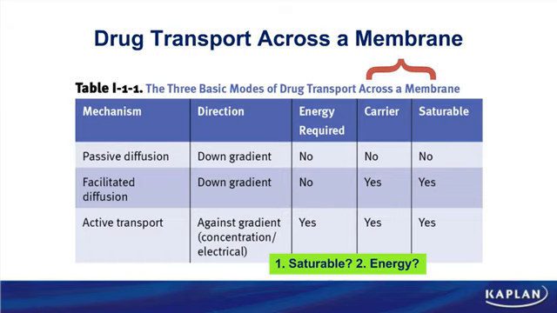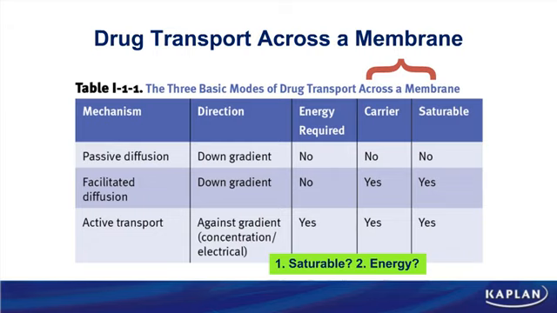Here's what the question might do. They will give a certain concentration of the drug, and that will produce a certain amount of movement. They will increase the concentration of the drug, you'll get more movement. They increase it again, you get more movement. If they continue to do that, and you always get more movement, you are not saturating the system, therefore that is passive diffusion.